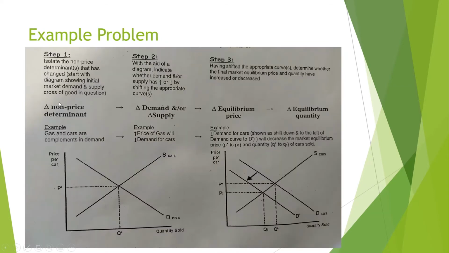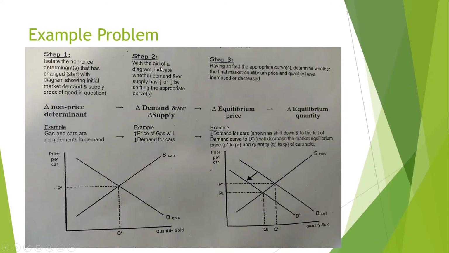So as we just discussed in step one, you just draw the regular graph here, for supply and demand for cars, and then you determine the non-price determinants, which is that gas and cars are complements in demand. So you know it really affects the demand side.